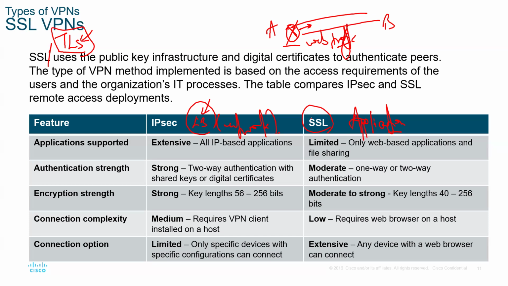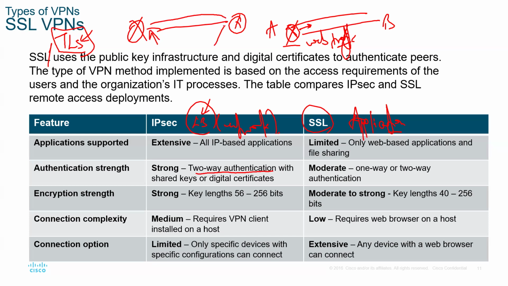Then in terms of authentication, you can see IPsec has two-way authentication, meaning authentication at both ends. Why at both ends? It's usually a case of a router at each site. We have IPsec being used to create a tunnel between these two routers.